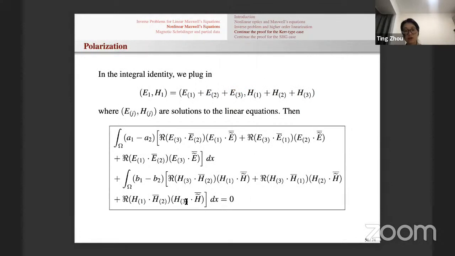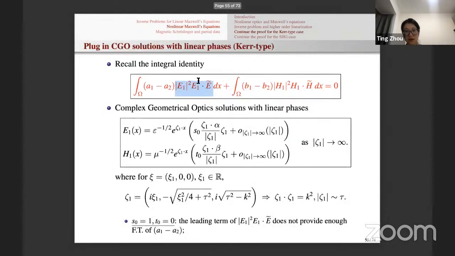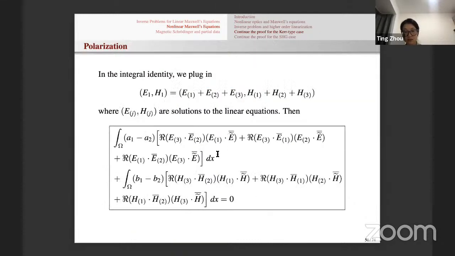It looks longer, but the improvement is that you have a product of 4 different solutions instead of 3 same solutions with the second one. So that's a slight improvement.